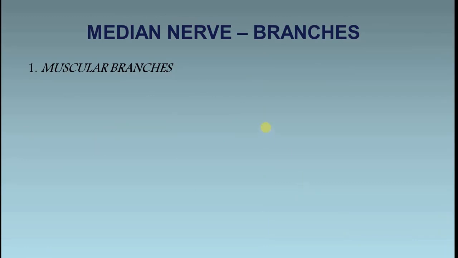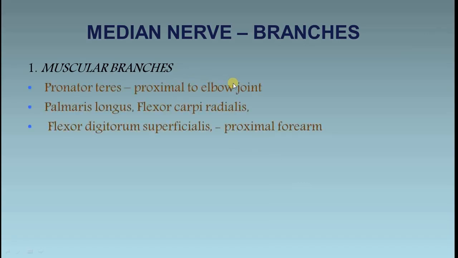What are the branches given by this nerve? Definitely it is supplying the muscles. So, muscular branches: one to the pronator teres, given at a more proximal level before entering the muscle, between the two heads of the muscle itself. Then branches to flexor carpi radialis, palmaris longus, and flexor digitorum superficialis.